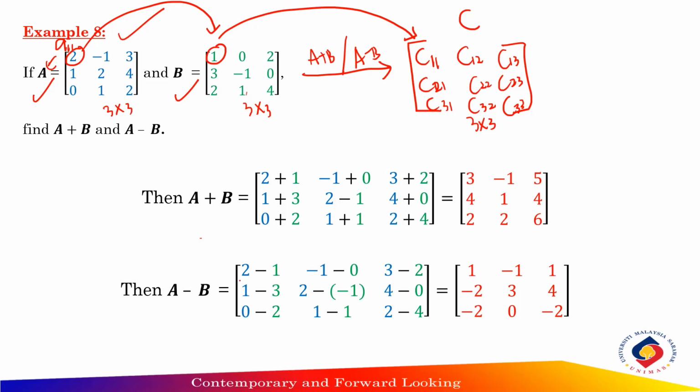And as you can see here, 2 minus 1, the outcome of this subtraction is 1. And then we apply the same process to the next element, until the subtraction of all corresponding elements of these two matrices is complete.